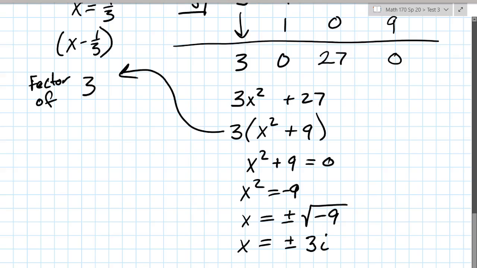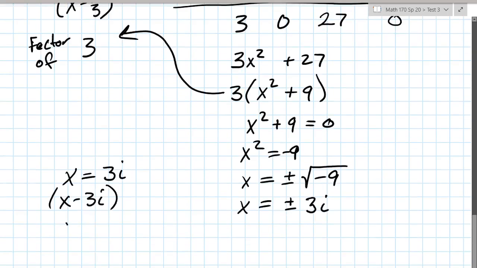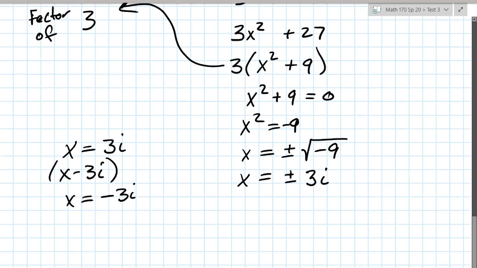So if these are two imaginary zeros, then one way of writing it is x equals 3i is a zero, so x minus 3i is a factor. x equals -3i is a zero, so x plus 3i is a factor.